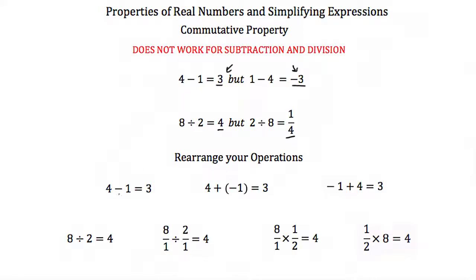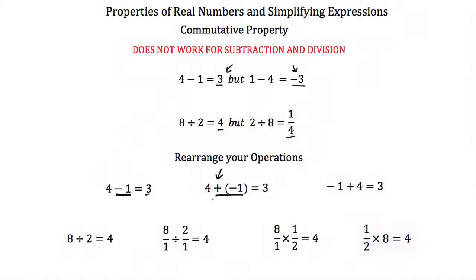First, if you have a subtraction problem, you have to turn it into an addition problem. And the way to do that, if I had 4 minus 1 is equal to 3, I change this minus 1 into adding a negative number. So the 4 minus 1 turns into a 4 plus a negative 1. And now that this is an addition problem, the commutative property works again.